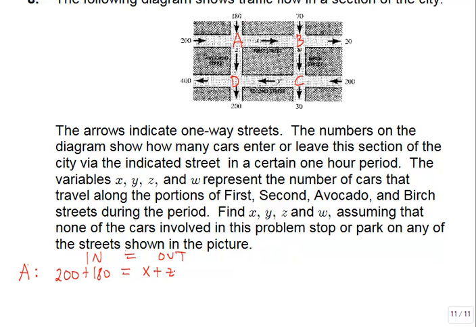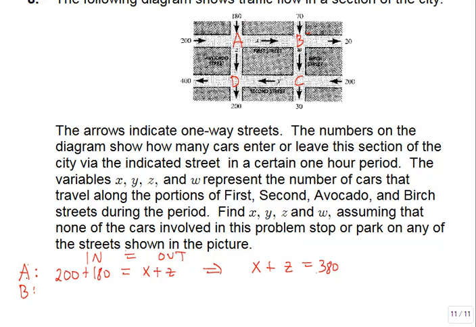So X plus Z is coming out. If we clean that up just a little bit, I'm going to put the X plus the Z on the left side, and 200 plus 180 becomes 380. So there's our first equation in our system. We have 4 variables here, X, Y, Z, and W, so we're going to need 4 equations, which we'll be able to do because we've got 4 different intersections.